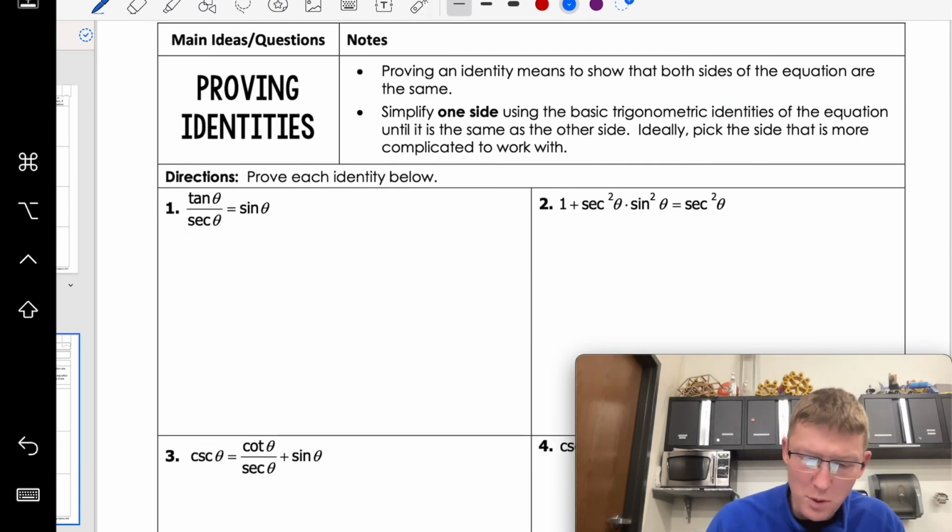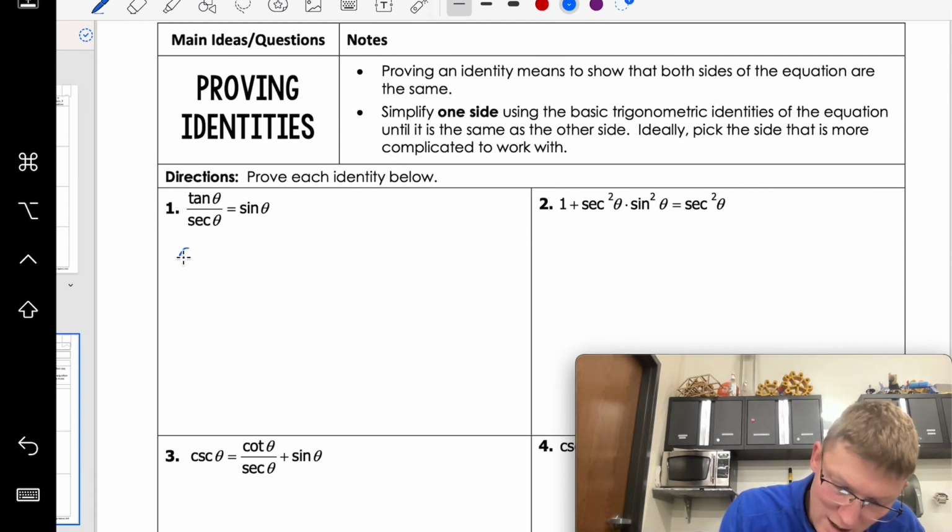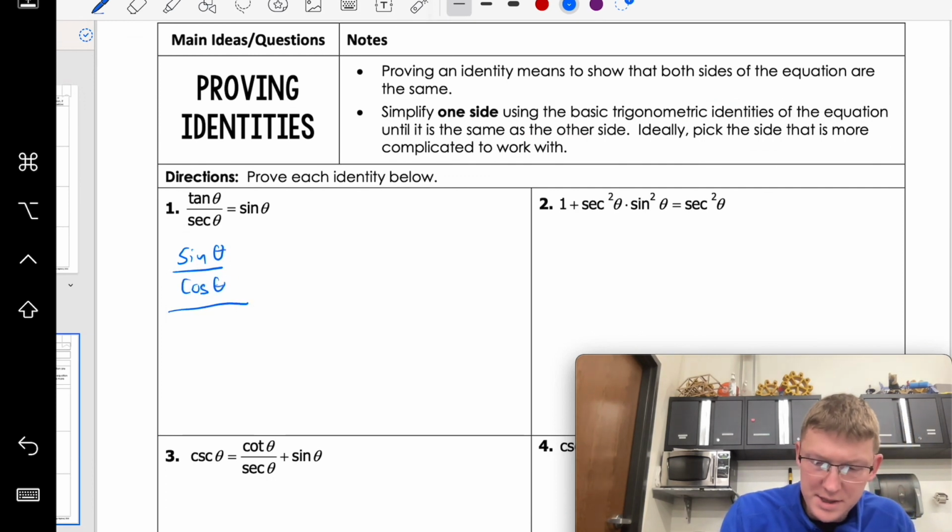So we're looking at number 1, tangent and secant. I don't even know. So what I'm going to immediately do is start changing everything into sines and cosines. By definition, remember, tangent is the same as sine theta over cosine of theta. And then secant is 1 over cosine of theta.